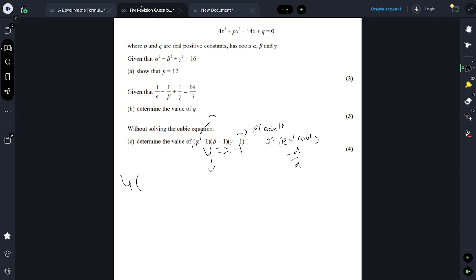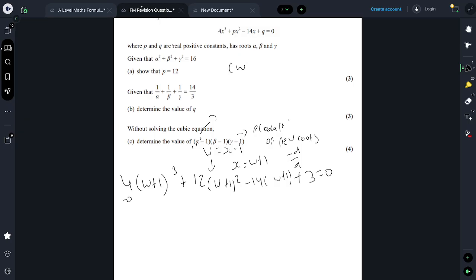So essentially, we're saying w is x minus 1. So then x would be w plus 1. So 4 of w plus 1 cubed plus, now p was 12, plus q, which was 3, wasn't it? And that equals 0.